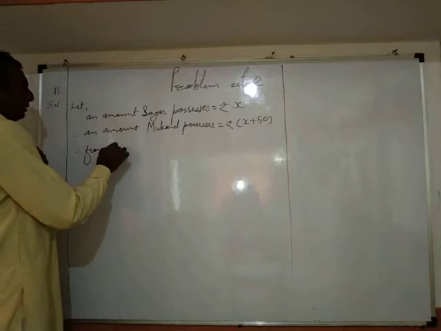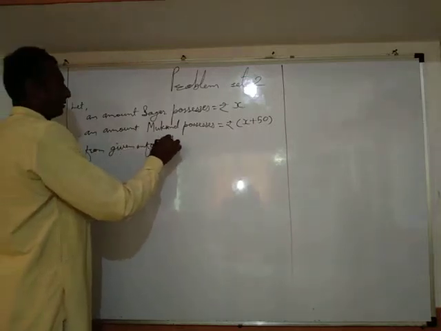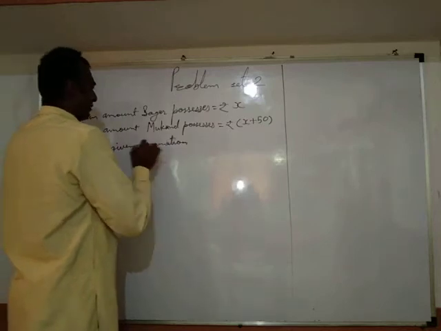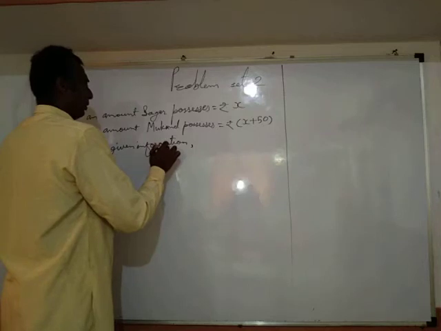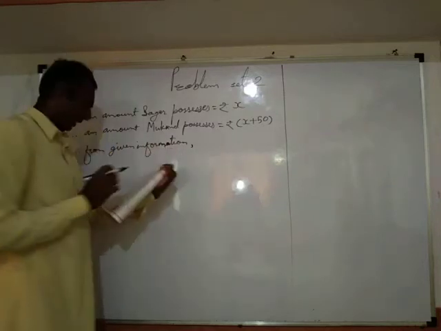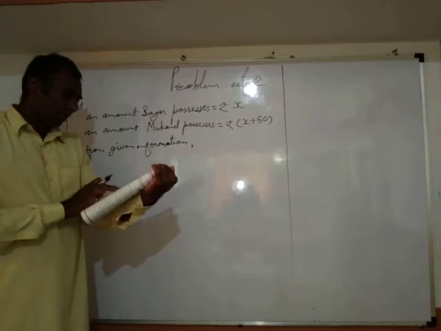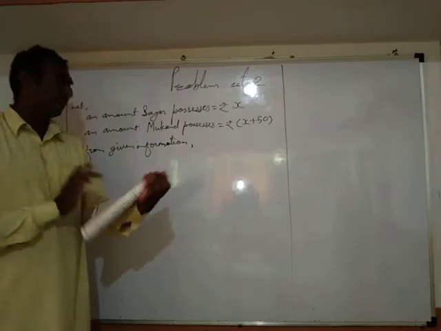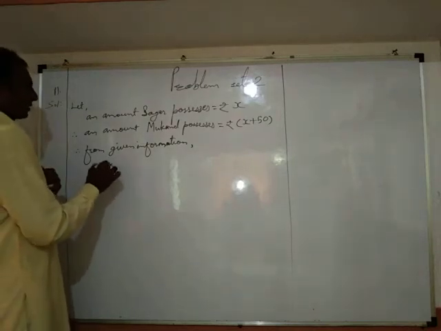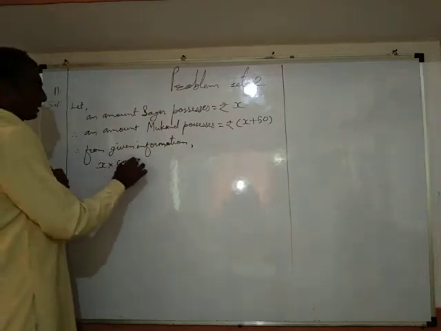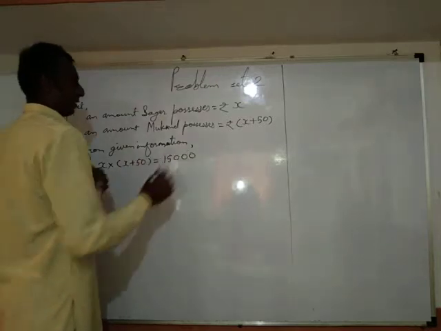from the given information. What is the given information? Let's find what information is given here. The product of the amounts they have is 15,000, means x into x plus 50 equals 15,000.